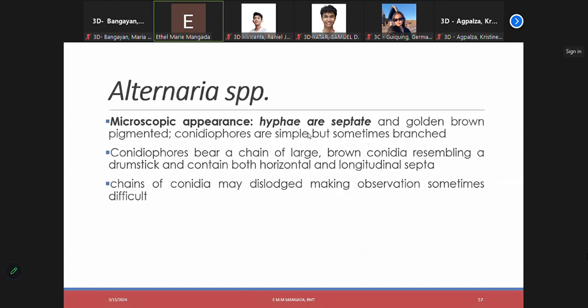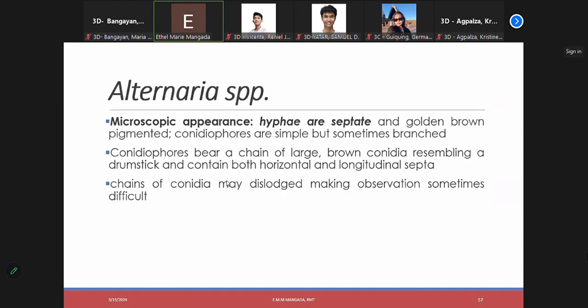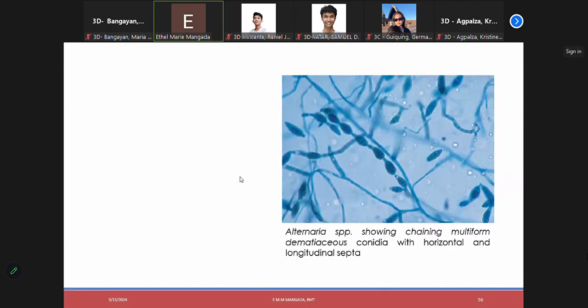So, it has hyphae that is septate and also a golden brown pigmented conidiophore. Sabi kasi natin, it's dematiaceous. Okay? Don't forget about the conidia that resembles a drumstick. Okay, the conidia resembles your drumstick.